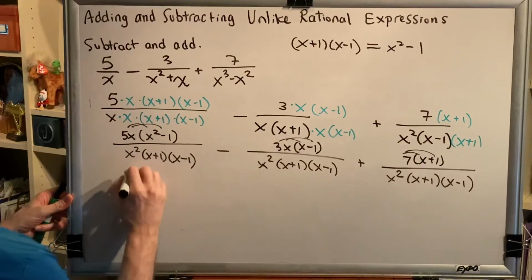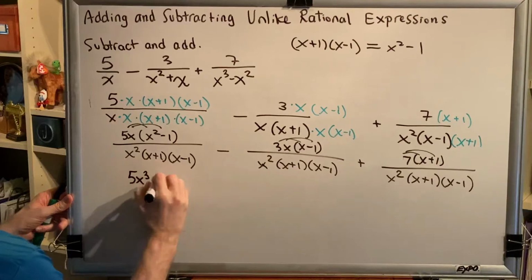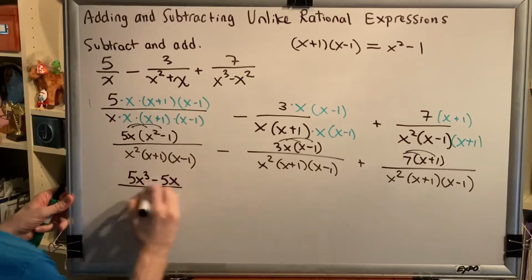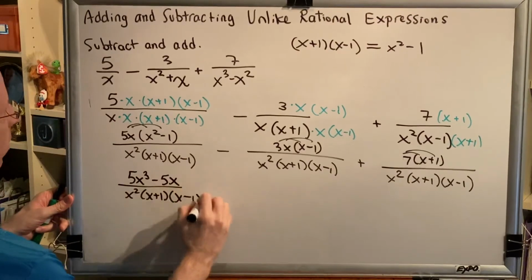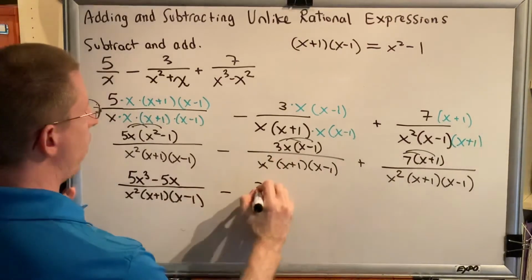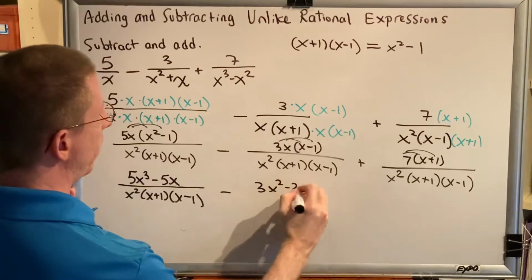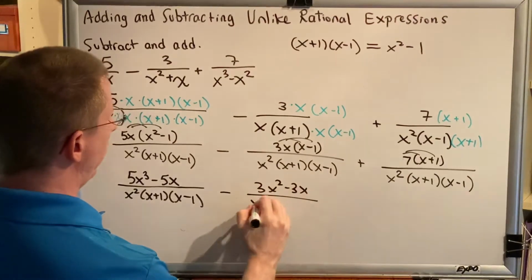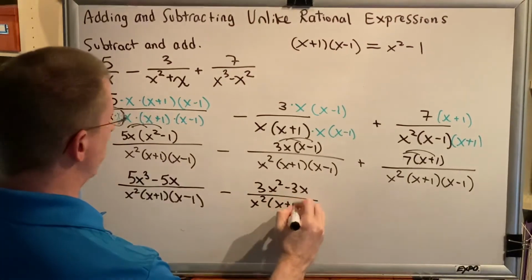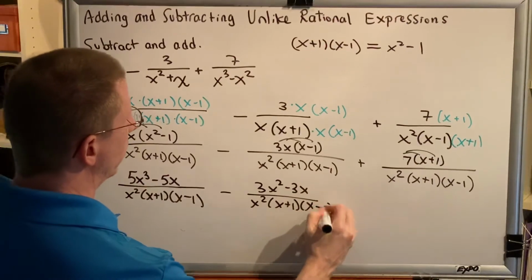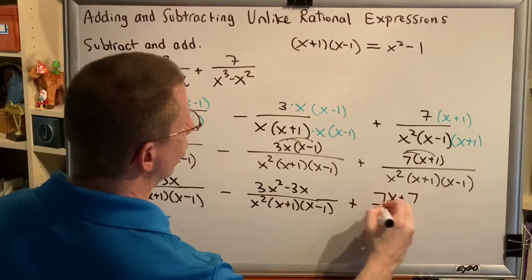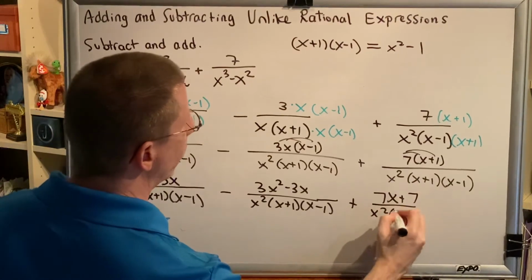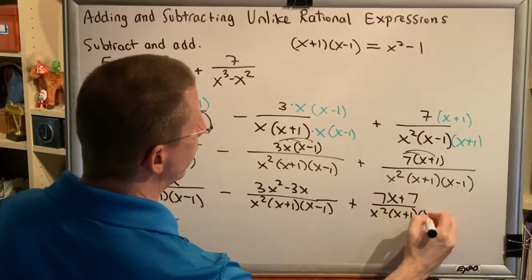So in our numerator, we're going to have 5x cubed minus 5x over the x squared, x plus 1, x minus 1, minus a 3x squared minus 3x over the x squared, x plus 1, x minus 1, plus a 7x plus 7 over the x squared, x plus 1, x minus 1.